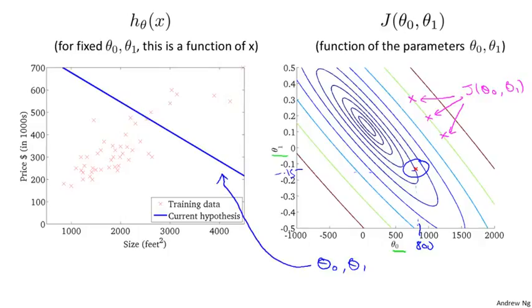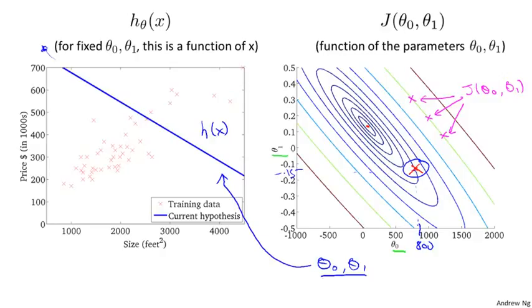With theta 0 about 800, this intersects the vertical axis around 800, and this is a slope of about minus 0.15. Now, this line is really not such a good fit to the data. This hypothesis, h of x, with these values of theta 0, theta 1, is really not such a good fit to the data, and so you find that its cost is a value that's out here, pretty far from the minimum. This is a pretty high cost because this is just not that good a fit to the data.